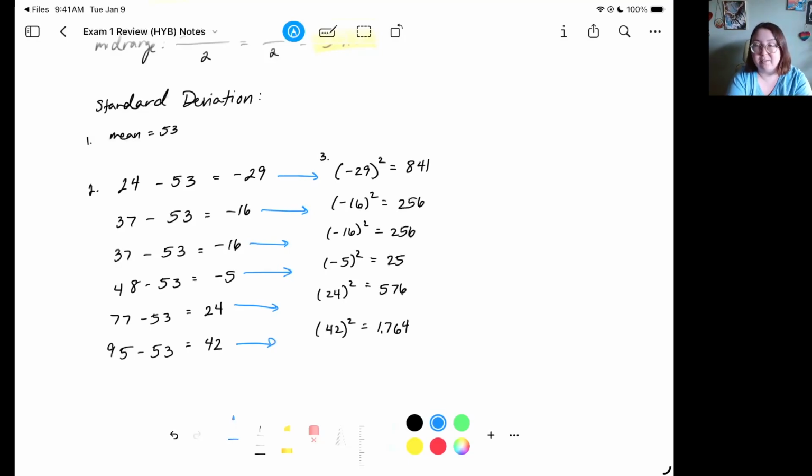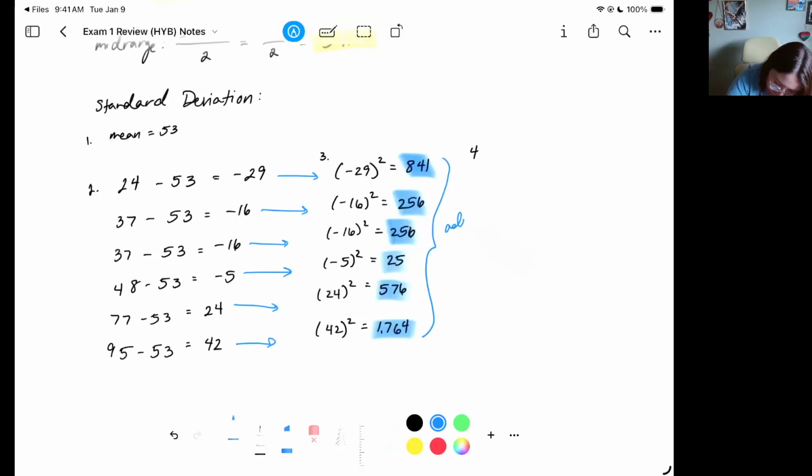All right, so we have all these values now. What we're going to do is add all of these values. That is our step 4. So we're going to add all of our values together.